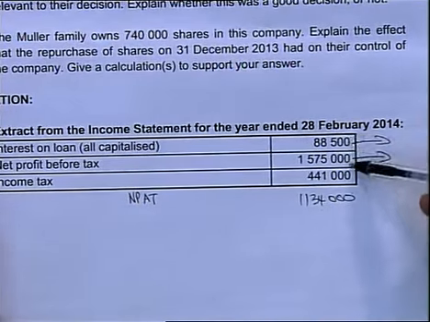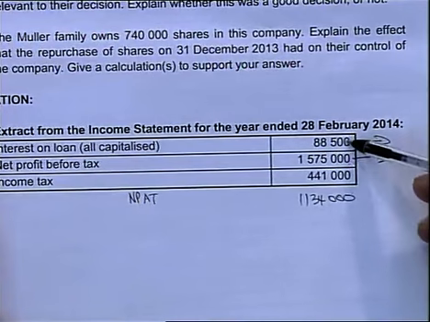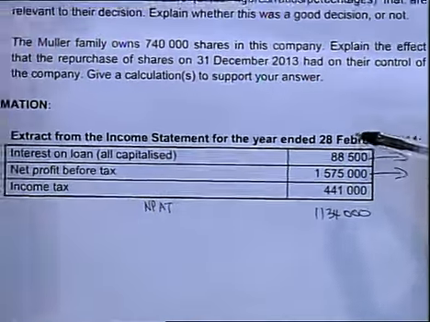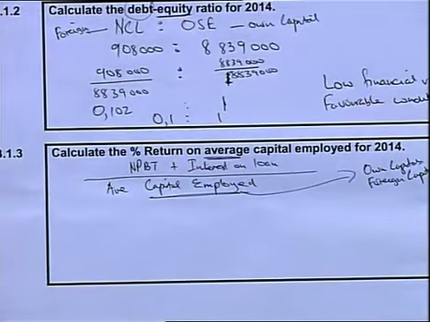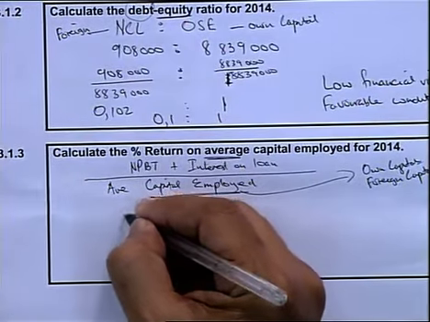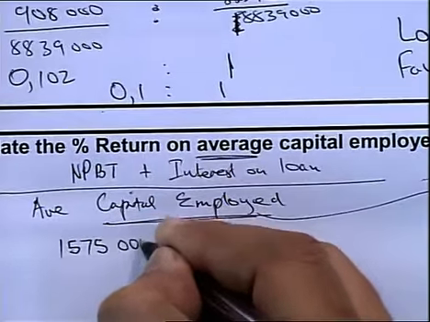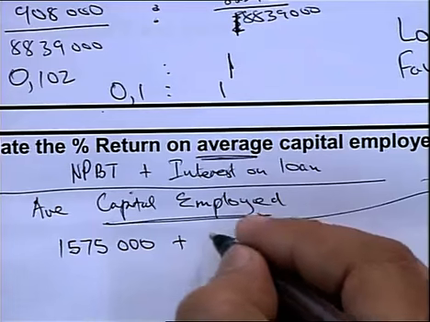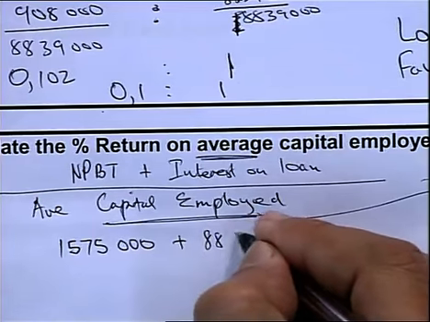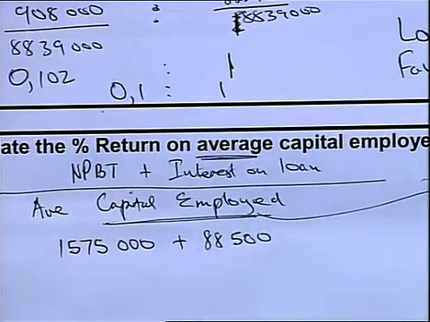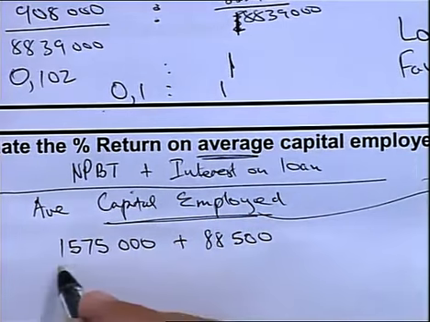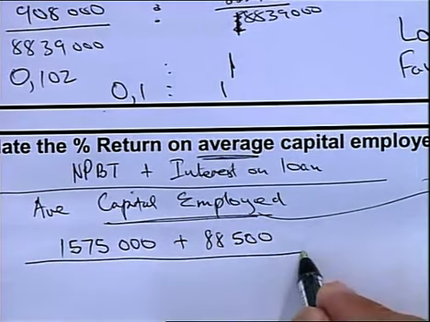So those two amounts are the figures that will appear on top in the financial indicator. So it's going to be net profit before tax, which is 1,575,000 plus 88,500. It's on top.